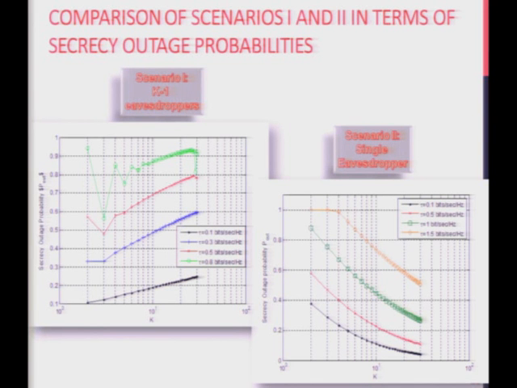Okay, so you're saying the channel to Bob is not random? No, the channel to Bob is random. So how do you have an outage there?